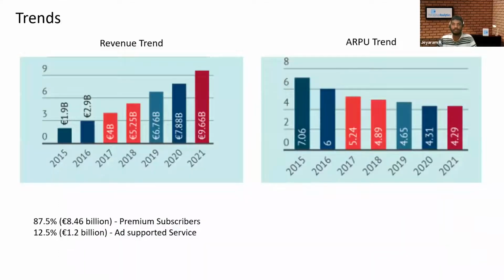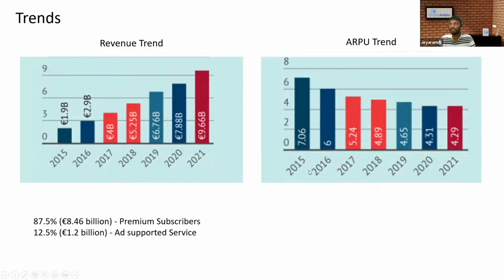Next, revenue versus average revenue per user. From 2015 to 2021, there has been a strong growth in revenue, and the split is 87.5% from premium subscribers and only 12.5% from ad supported services.